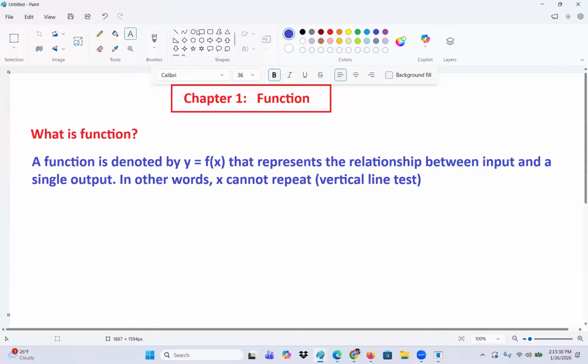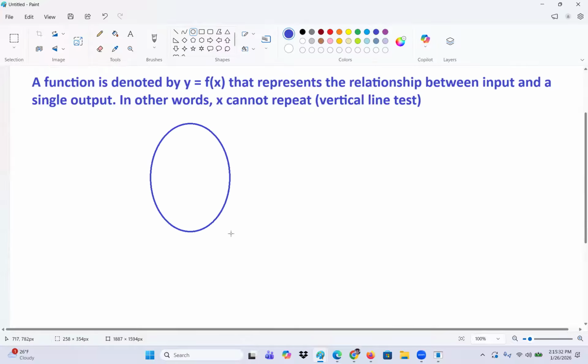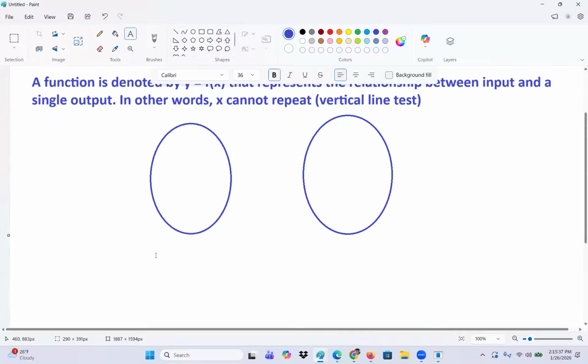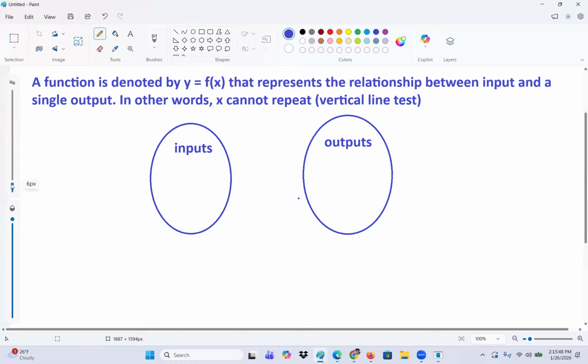So let me just draw a diagram and see what it is. This is what we have for the inputs, and this is what we have for the outputs. We can have one that goes with 1, that goes with 2. And then you might have 2 inputs that go with 1 output.